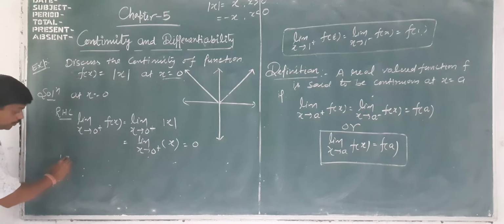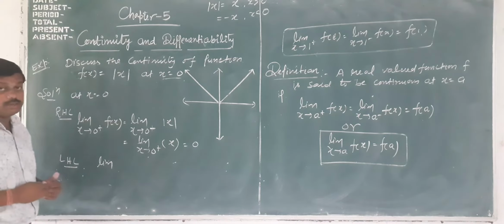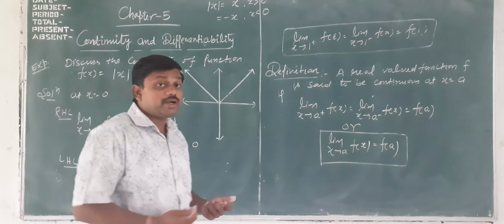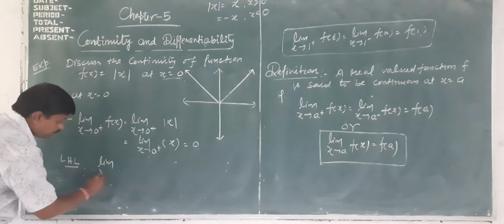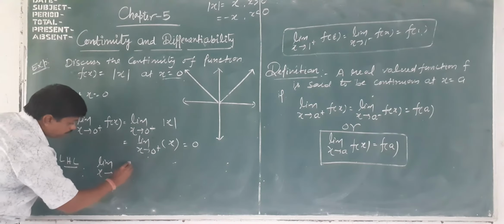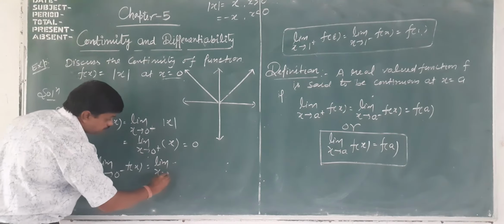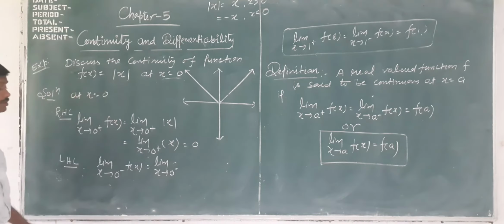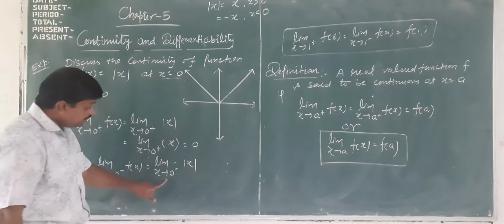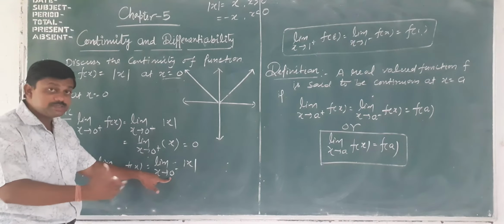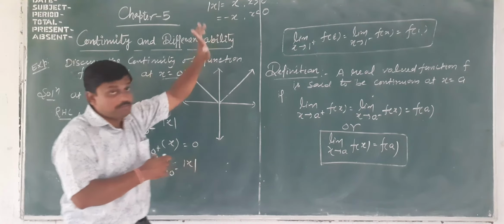Similarly we can find the left hand limit of this function by using that left hand limit formula. Limit x tending to 0 minus f(x), the value of function is mod x, but here x is 0 minus, meaning less than 0, so modulus of that function is minus x.